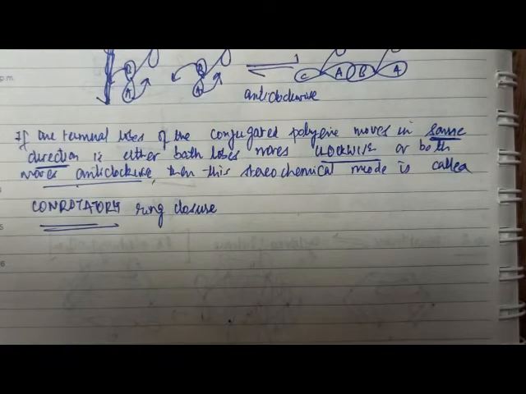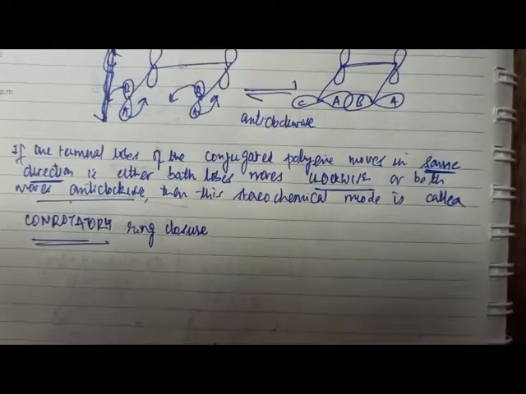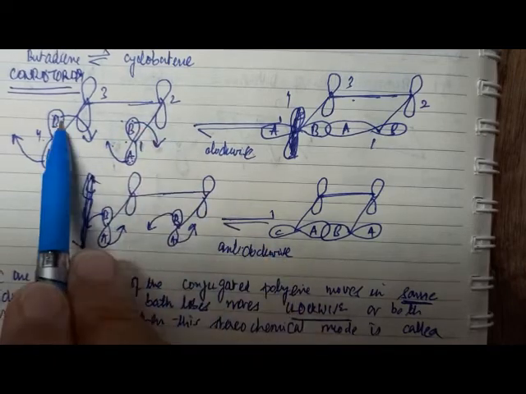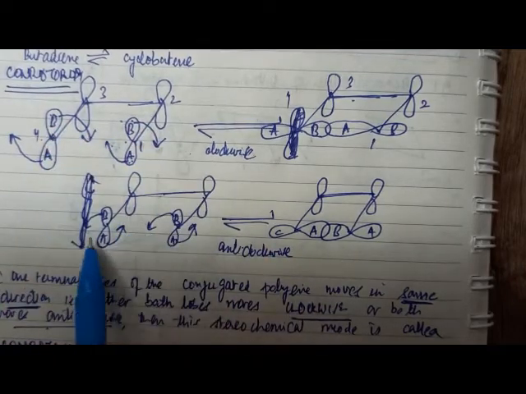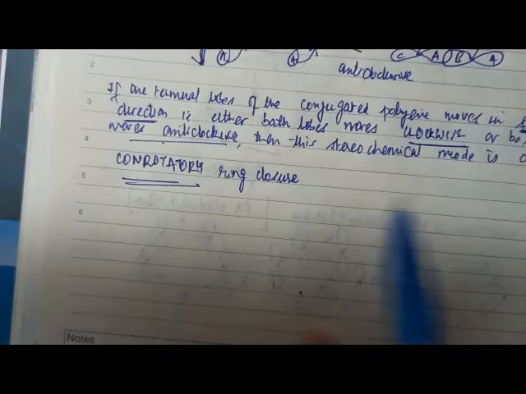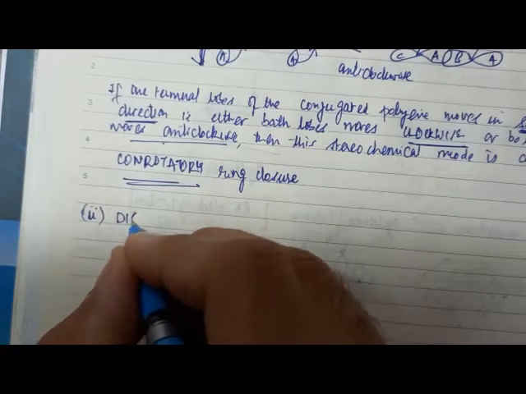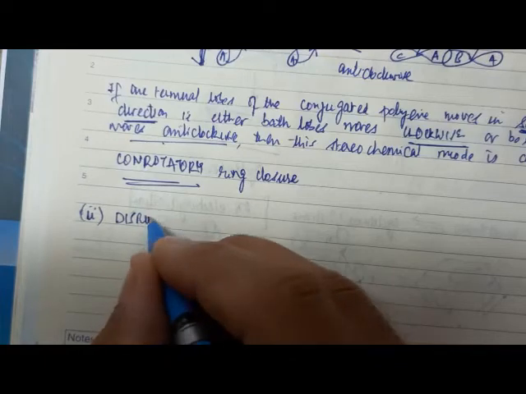Right? So the first mode is if both the lobes move in the same direction, both lobes moving in a clockwise way or both lobes moving in an anti-clockwise way. And the second stereochemical mode is disrotatory.